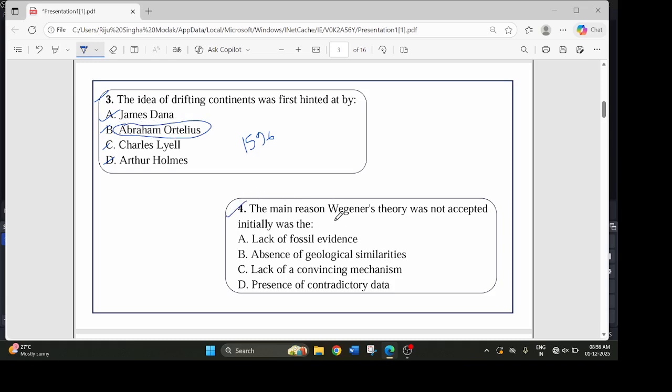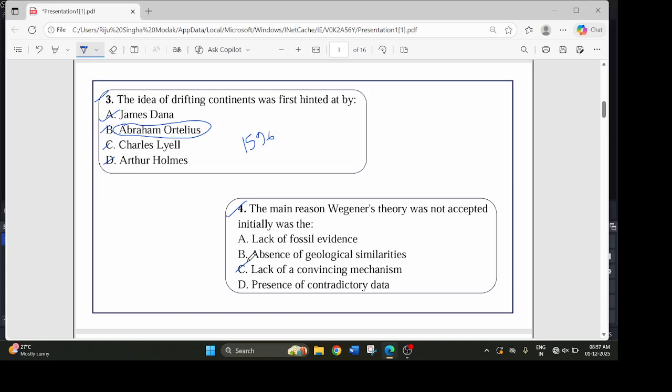Number four. The main reason Wegener's theory was not accepted initially was the lack of fossil evidence, absence of geological similarities, lack of a convincing mechanism, or presence of contradictory data. The correct answer is lack of a convincing mechanism. Wegener proposed two forces, tidal force and the Earth's rotation, as the driving mechanism of the drift of the continents.